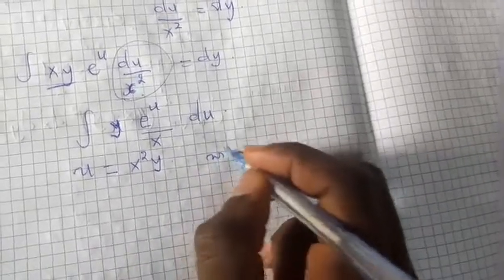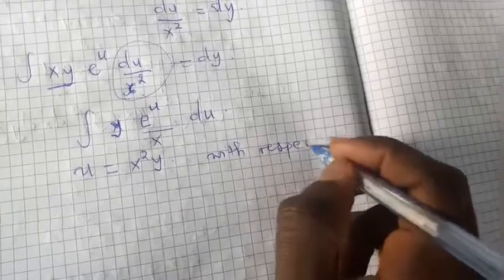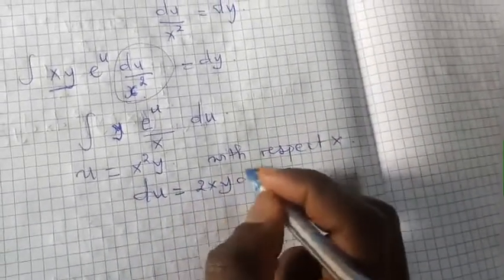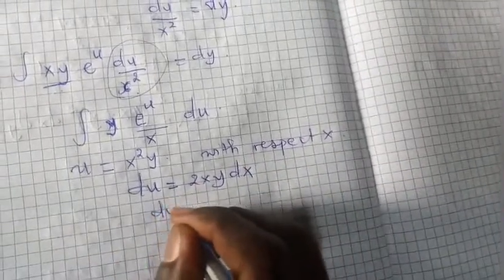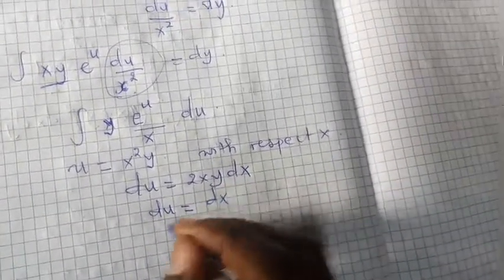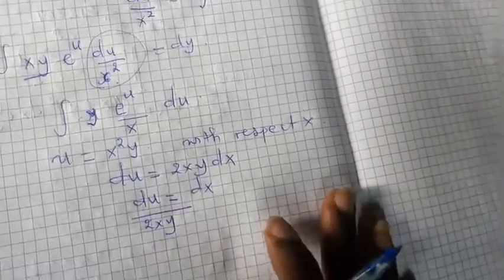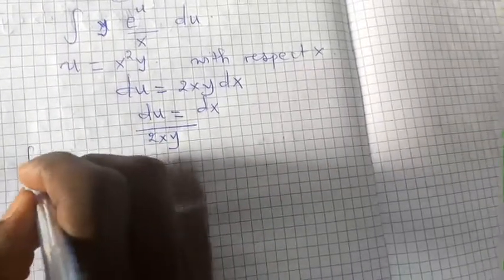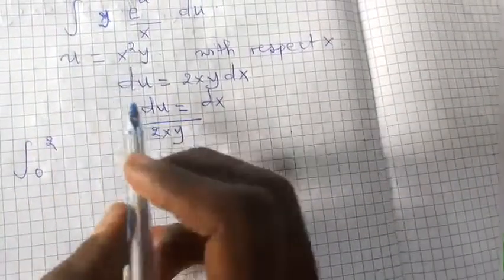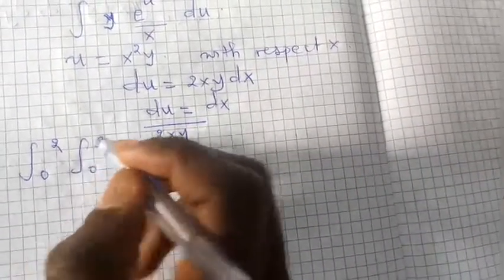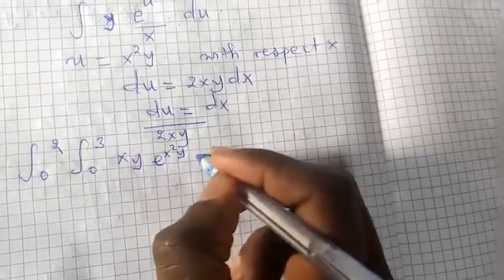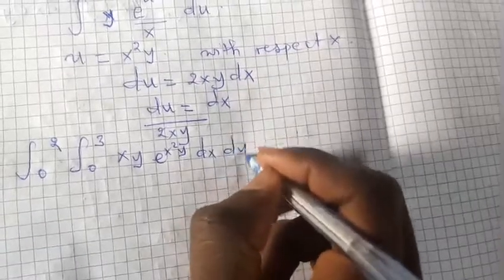With respect to x, du will be equal to 2xy dx as usual. Then dx will be equal to du divided by 2xy. So here we take the integral from 0 to 2, integral from 0 to 3, of xy e power x squared y dx, then dy.